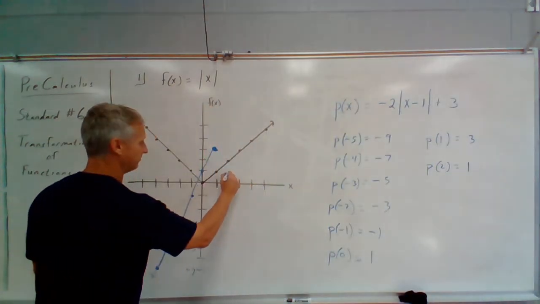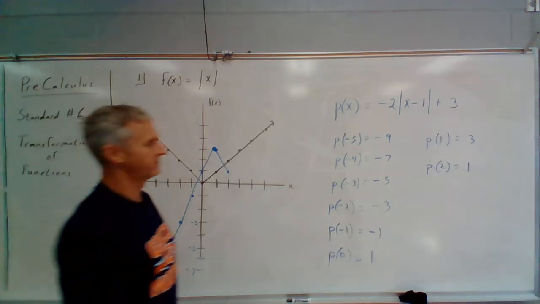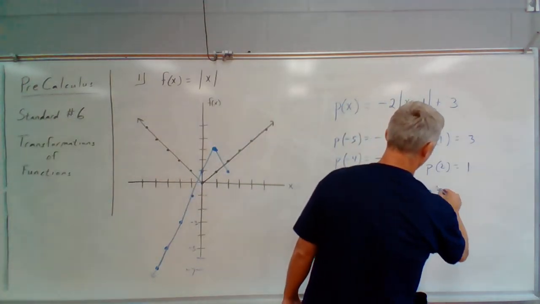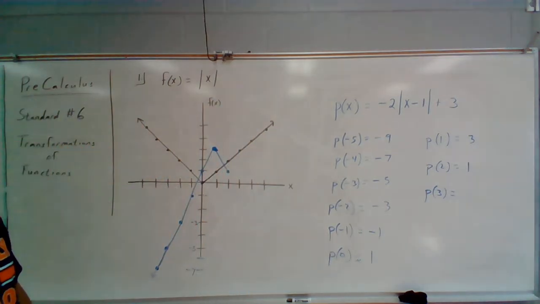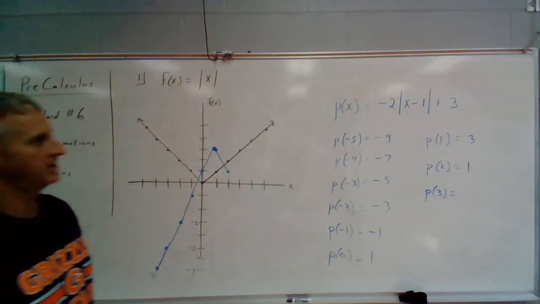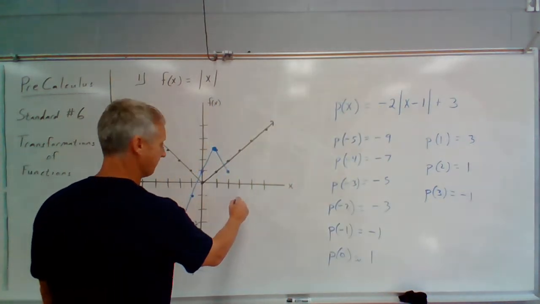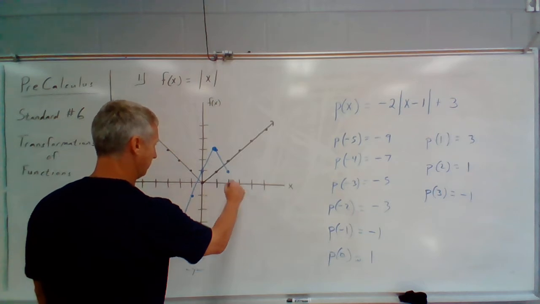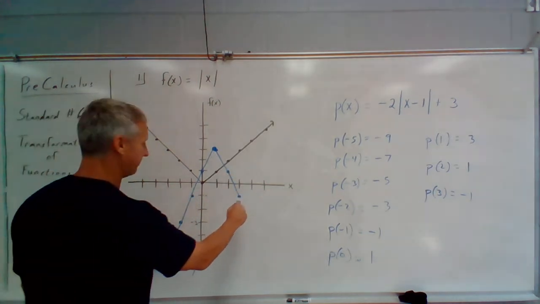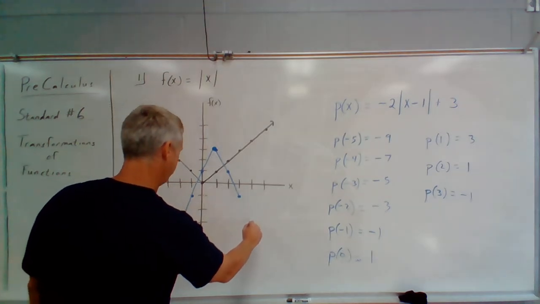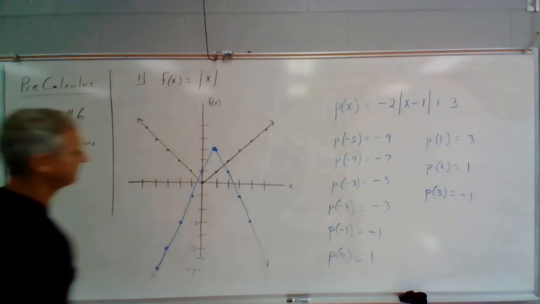So I'm plugging in 2 and I'm going back down now. P of 3. 3 minus 1 is 2. Absolute value of 2 is 2 times negative 2 is negative 4. Plus 3 is negative 1. And you see what's happening then. I'm going to go down 2 every time. So if I plug in a 4, I would get a negative 3, and so on. So the graph looks like that.